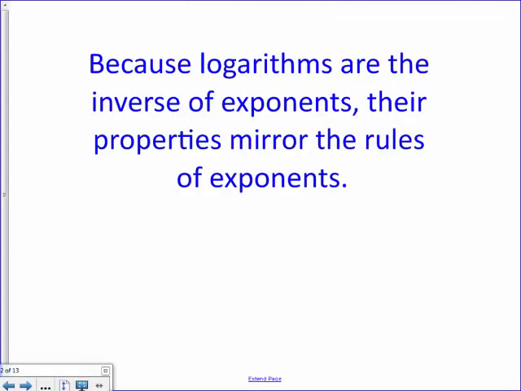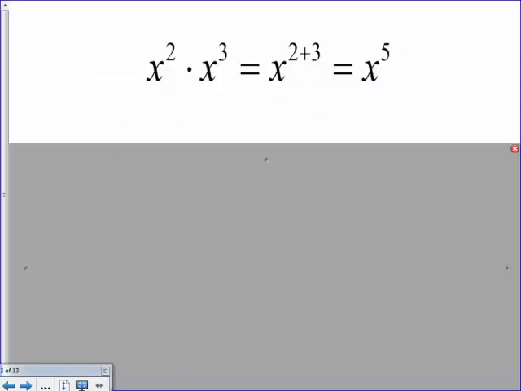The nice part is, with logarithms, since they're inverses of exponents, all their properties mirror the rules of exponents. So the exponential properties work the exact same way as our logs. For example, when we multiply with the same base, what do we do with the exponents? We end up adding the exponents, correct? Same thing with logs.